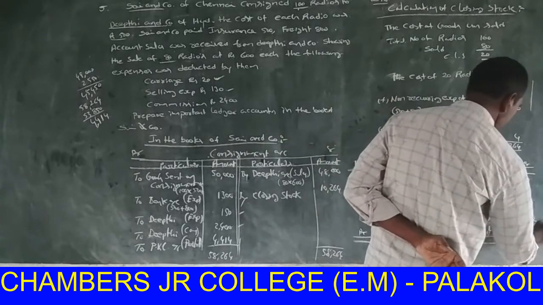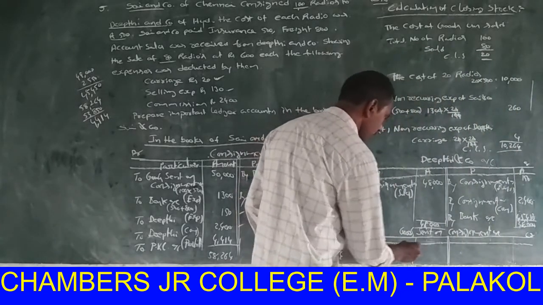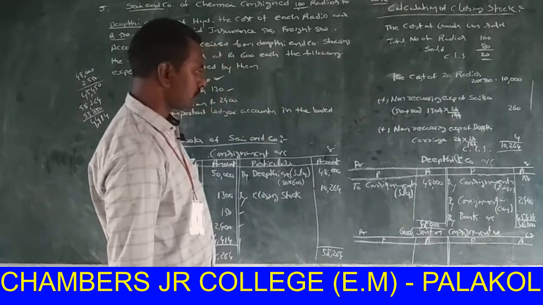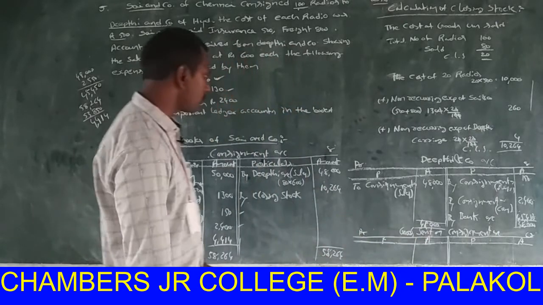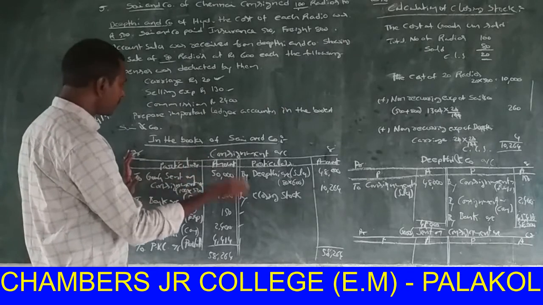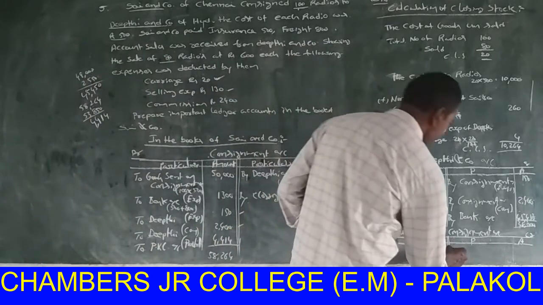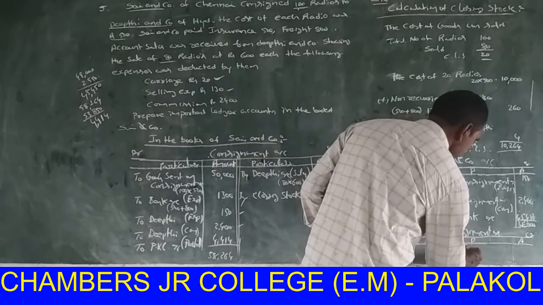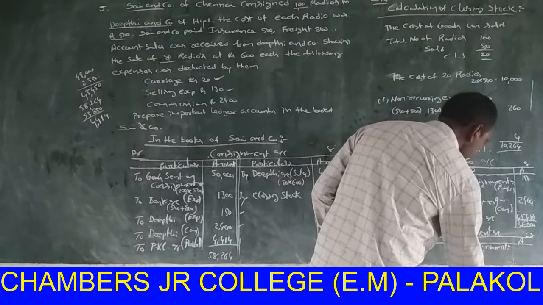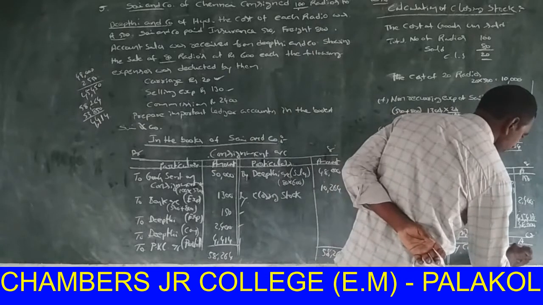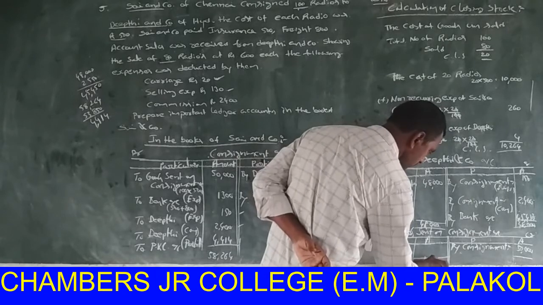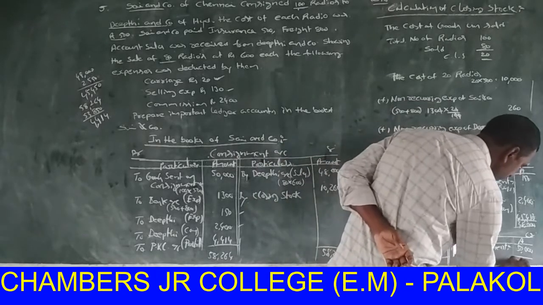Debit, credit, particulars, amount. Here the goods sent on consignment account appears in the debit side of consignment account, so it is transferred to credit side of goods sent on consignment account, that is by consignment account 50,000.